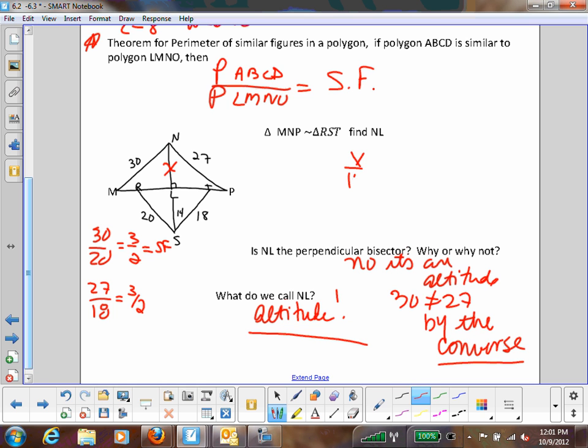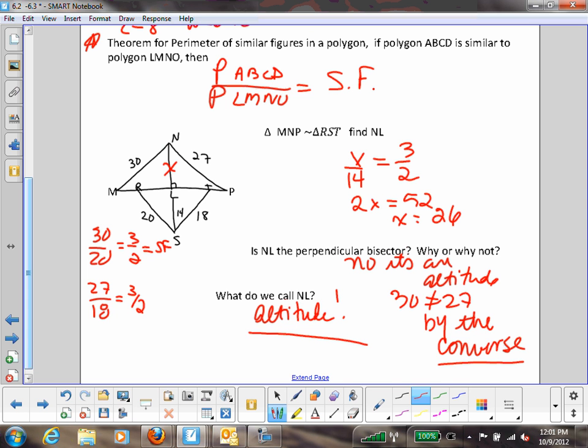X over 14 equals? Yeah, good. 2x is equal to 52, so x is equal to? Oh, gosh. And I can't multiply. Okay, 21. We good?